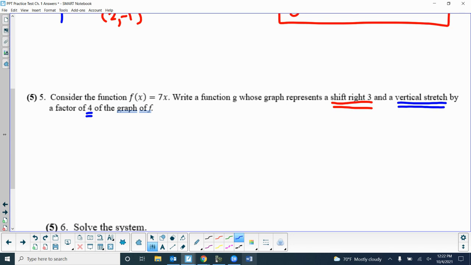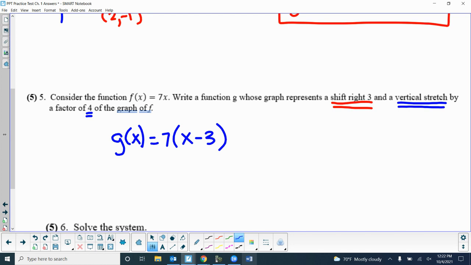So g of x will be 7, and then we're changing the x when it's a horizontal change, right or left. All right, so if we're going right 3, what do I write? X minus 3, opposite of what you think when it's horizontal.